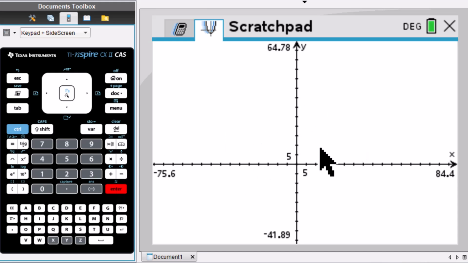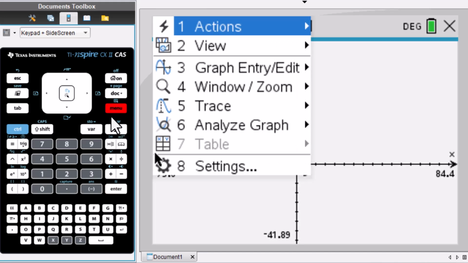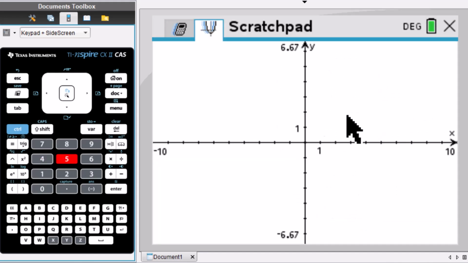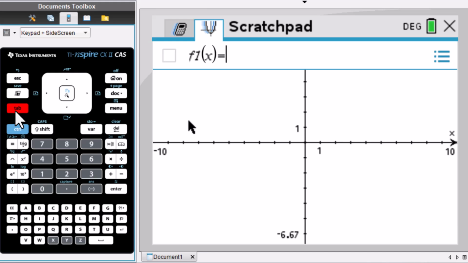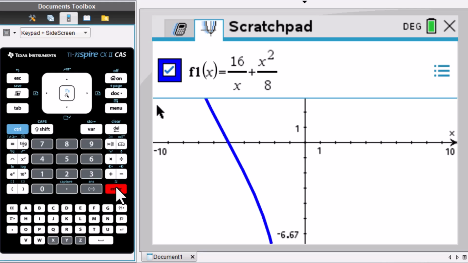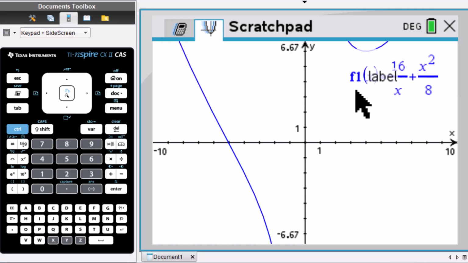You can change this into standard window. Go to menu, 4, 5. This is a standard window. Click on the tab. Type in the function. Then enter. We got this graph.